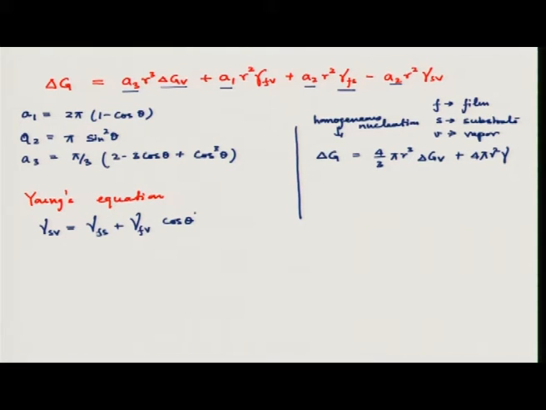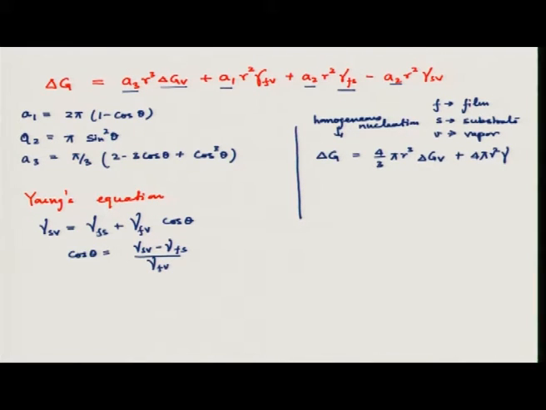So cos theta, the angle which this stable nucleus will form, would be gamma SV minus gamma Fs divided by gamma Fv.